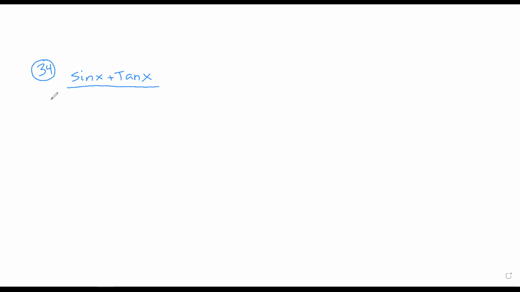divided by cotangent x plus cosecant x equals sine squared of x divided by secant of x.